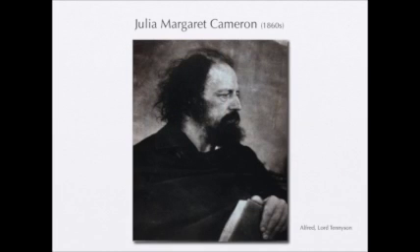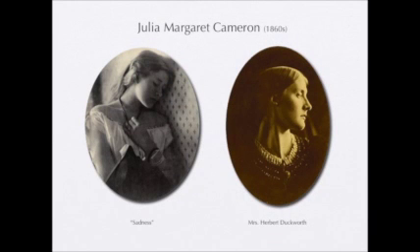So, and then another person in Cameron's world is Alfred, Lord Tennyson. So Cameron, a woman of not tremendous means, but fairly high social standing, traveled in the circle of the literary people of her time period. So the late 1860s through the 1870s and on a little bit into the 1880s.